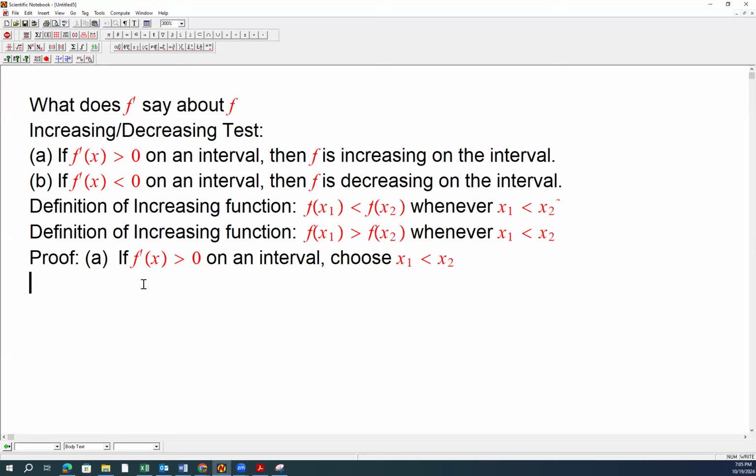Now, because the derivative exists, and if it's differentiable, it is continuous, we can say f is continuous on the closed interval [x1, x2].